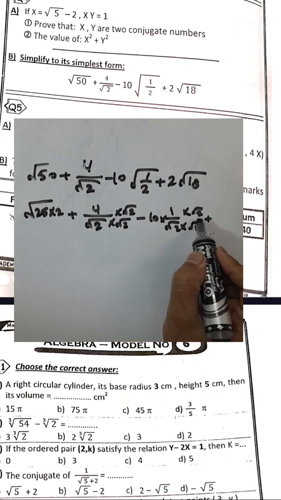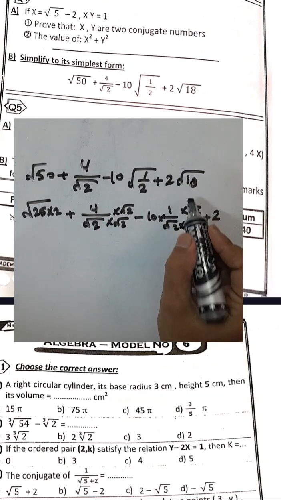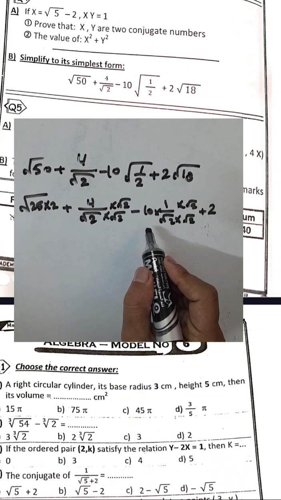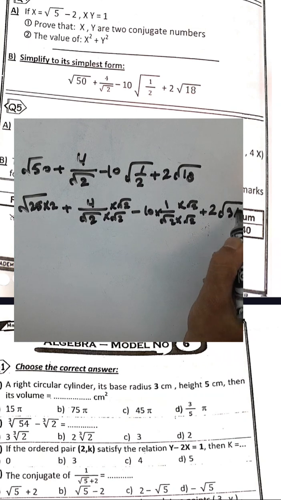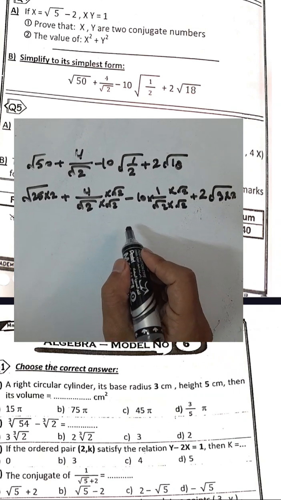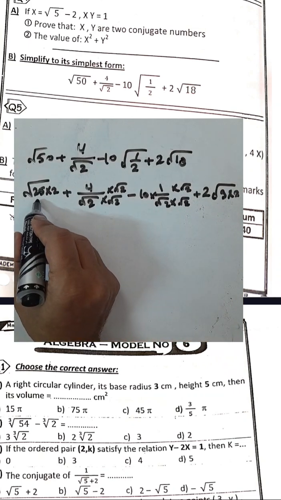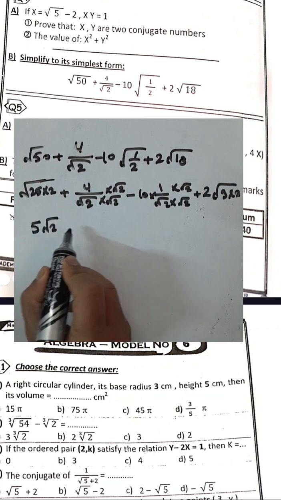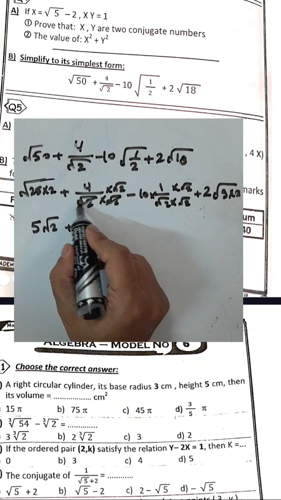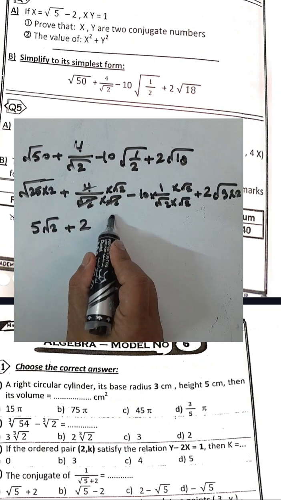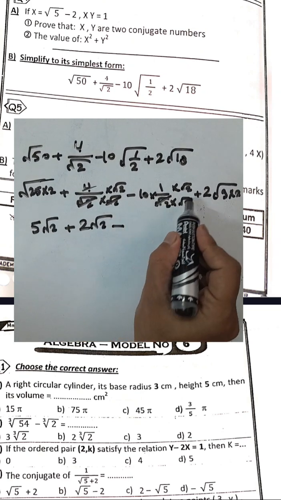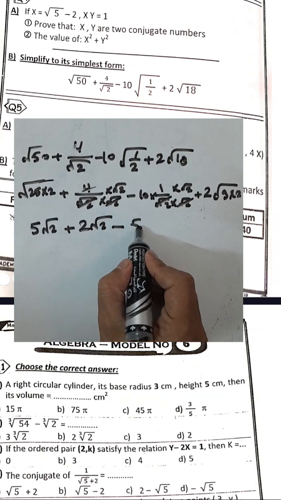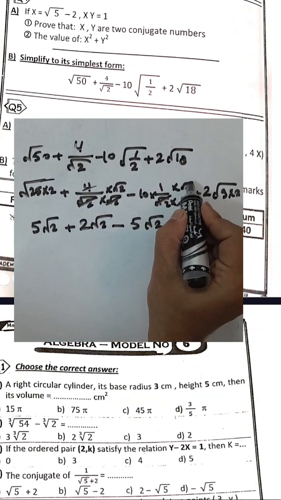Okay, and then complete. 2 root 18, 18 equals 9 times 2, and then square root of 25 times 2 will be 5 root 2. Root 2 times root 2 is 2. 4 divided by 2 equals 2. Root 2 times root 2 equals 2. 10 divided by 2 equals 5. 5 root 2 here.